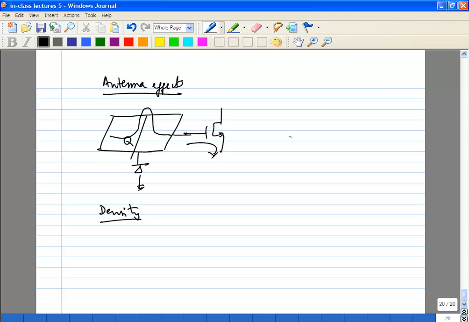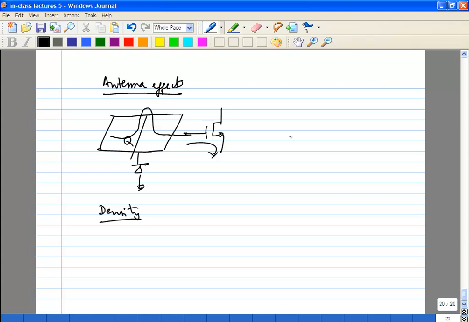Density. One of the requirements from the process is, for the integrity of the process, the device engineers require you to have a minimum density, or minimum percentage of area covered with certain layers, and typically most layers will have that. For some layers it will be small, for other layers this density will be large.